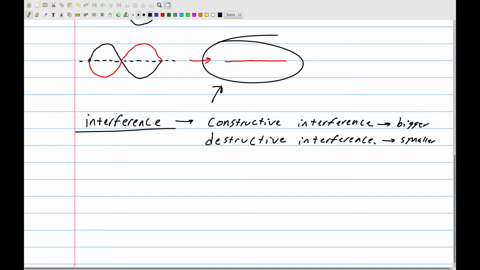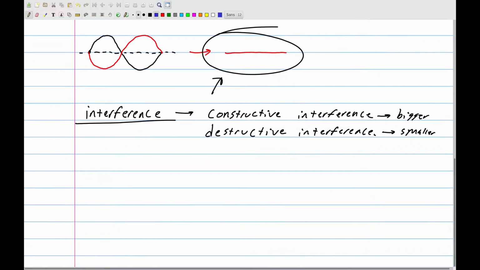Okay, so what are the conditions we need to know in order to understand interference? Well, you might have two waves. Let's pretend that we have a couple waves like this, and I'm going to draw this a little bit more carefully. So I'm going to draw this wave like so.